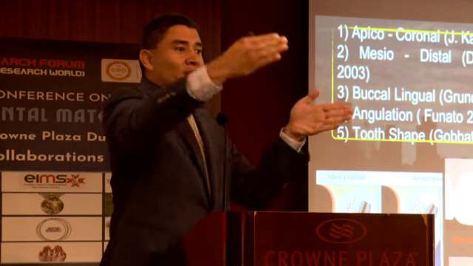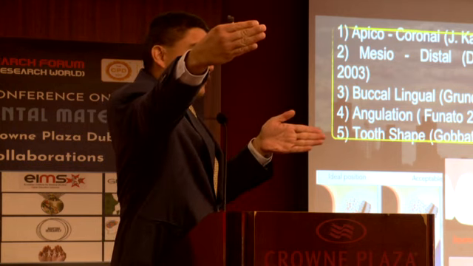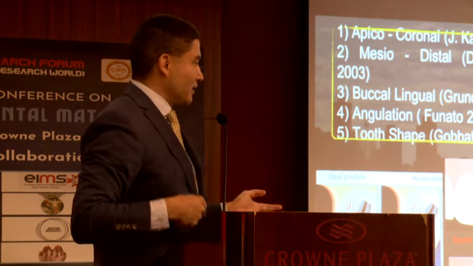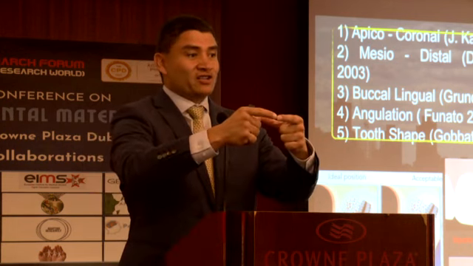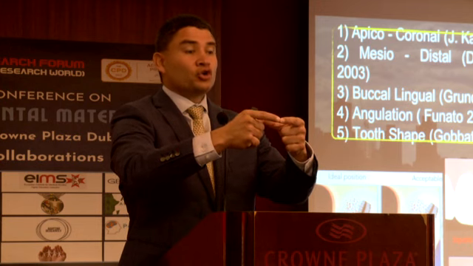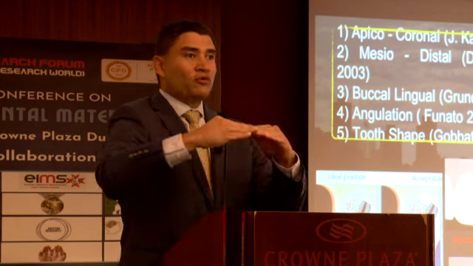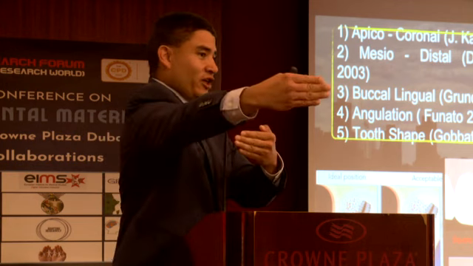But this also happens from the lateral part, from the buccal to the implant interface. So what that means is that if you don't have that 1.5 millimeters of bone thickness, you're going to end up losing bone in that direction as well. So 1.5 from here to here and 1.5 from here to here, right?